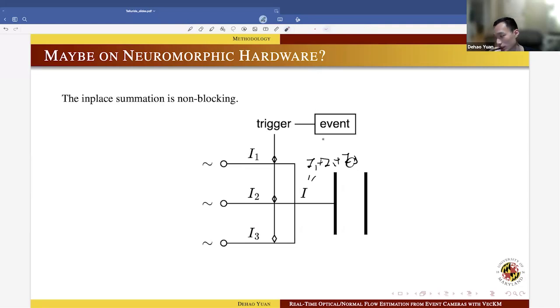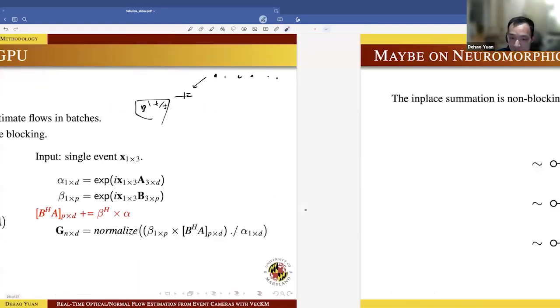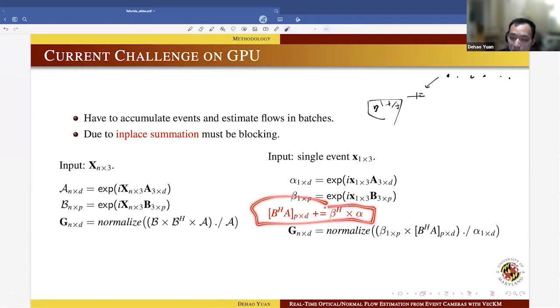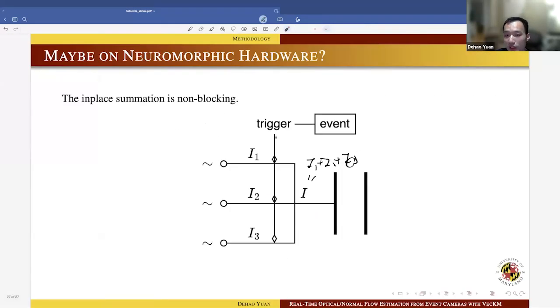I'm not quite in the field of neuromorphic computing, but this is my intuition, because the in-place summation in neuromorphic hardware may not be blocking. So this will make this step very efficient if we can implement it in neuromorphic hardware, and of course it also saves a lot of energy.